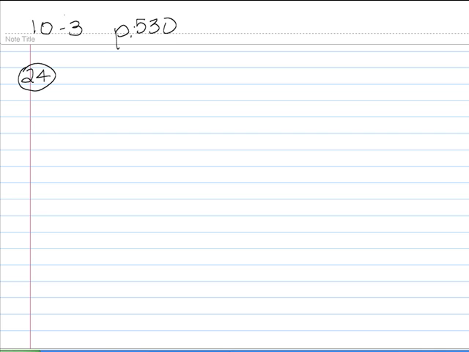All right, 24 says find the best predicted temperature at a time when cricket chirps 3,000 times in 1 minute, and what is wrong with this predicted value. So we have chirps in 1 minute as our x's, and temperature in degrees Fahrenheit as our y's. And we entered those values into the calculator.